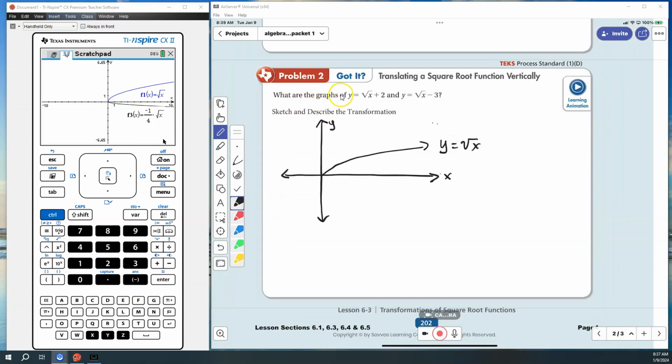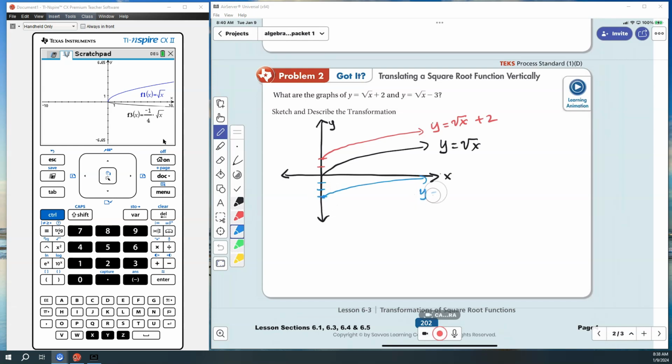What are the graphs of y equals the square root of x, then plus 2 on the outside, and square root of x minus 3, the minus 3 on the outside. You notice that the parent function is shown here, so that plus 2 is going to move this entire graph 2 units up. So we have y equals the square root of x plus 2. And the minus 3 is going to move it 3 units down.